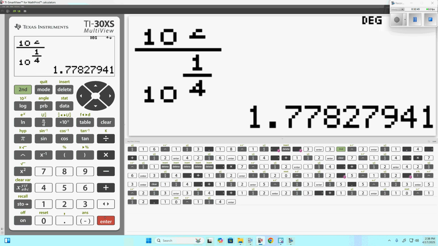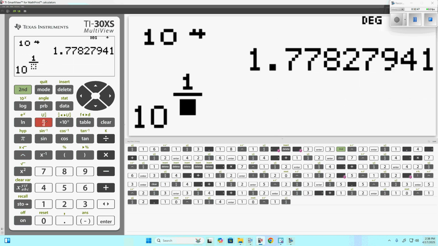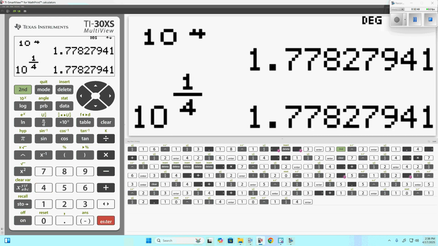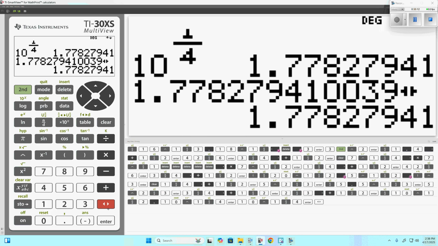Now we said our final answer for this was 10 to the 1/4, yes? Are those decimal approximations the same? Even though 1.7782791 is not the answer we're looking for, it's 10 to the 1/4. Would we be able to do this on those calculators and then transform it back? Unfortunately it won't do it.